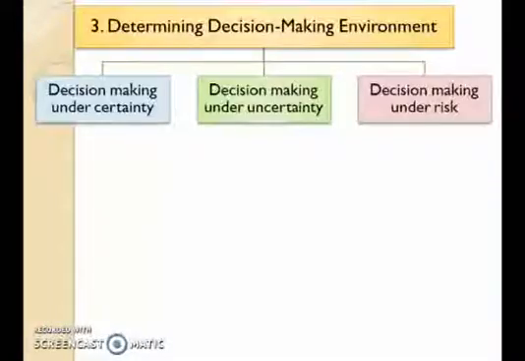Now let's look at the third step in making decision, which is determining decision-making environment. There are three types of decision-making environment, namely decision-making under certainty, decision-making under uncertainty, and decision-making under risk.